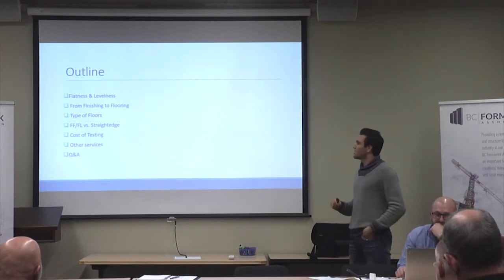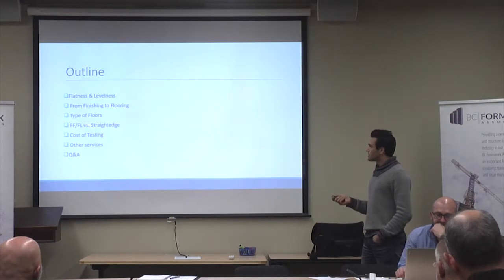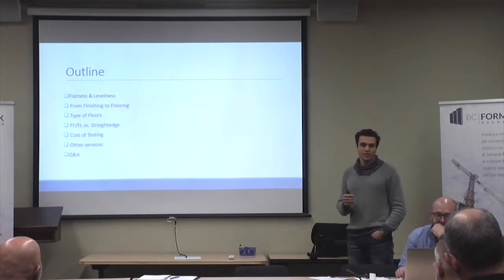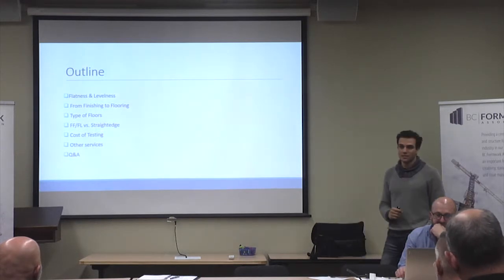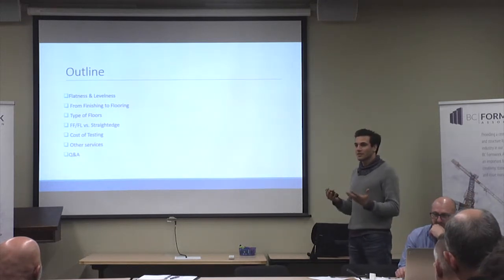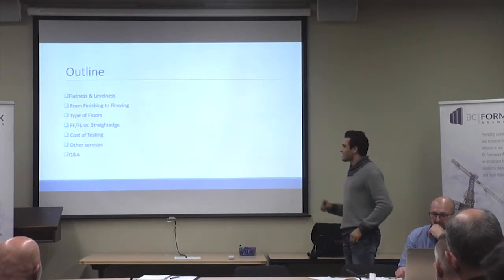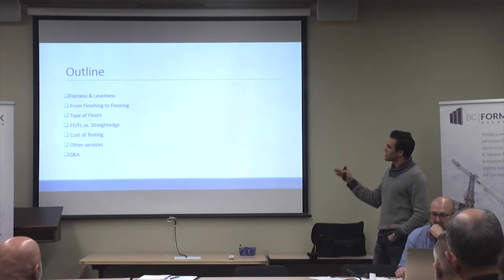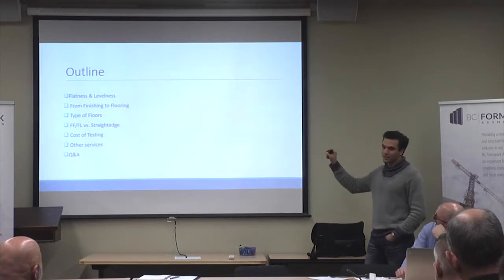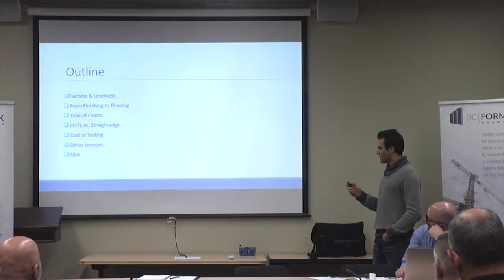We're going to go through that. And then FL versus the straight edge, which Chris touched on. I have one slide at the end of my presentation to specifically talk about what the problem with one of them is as opposed to the other.